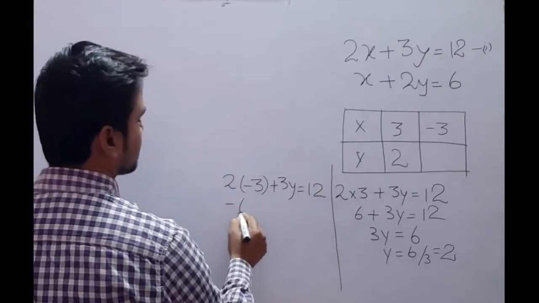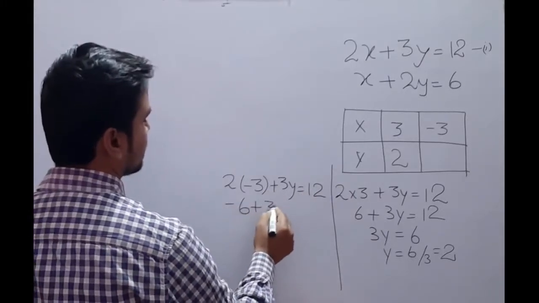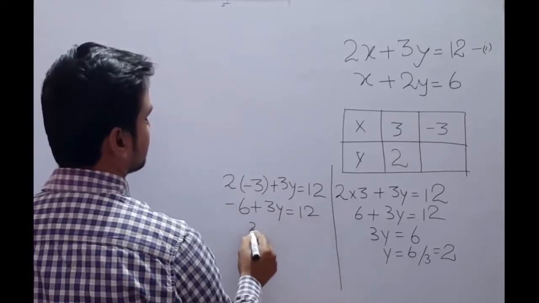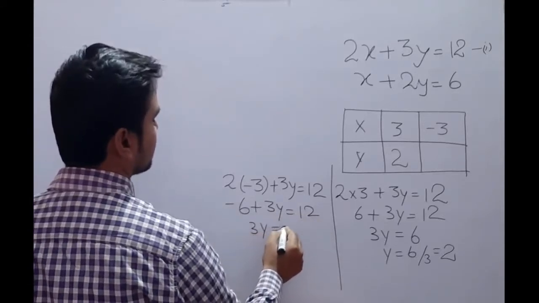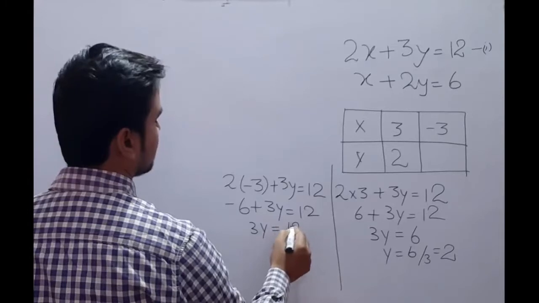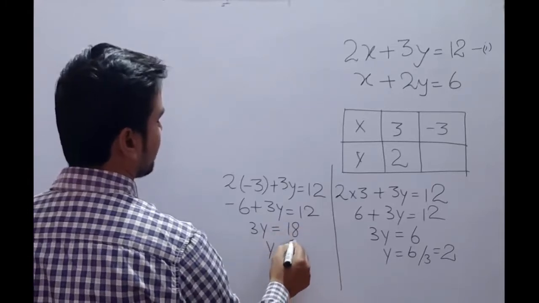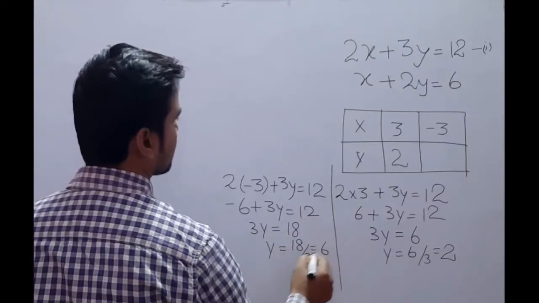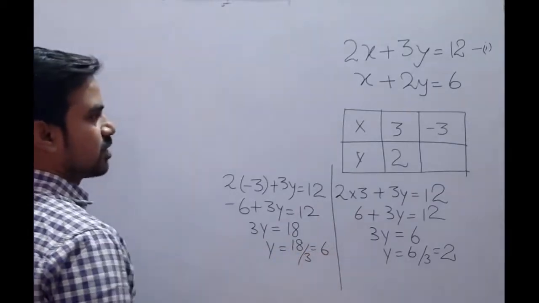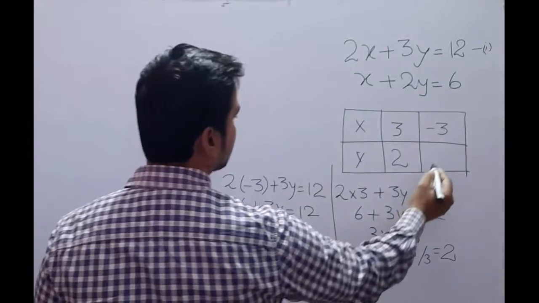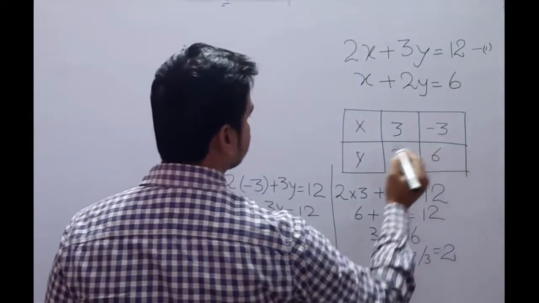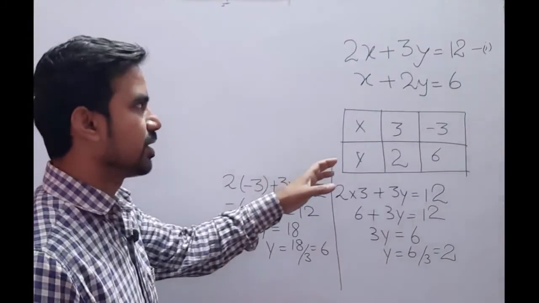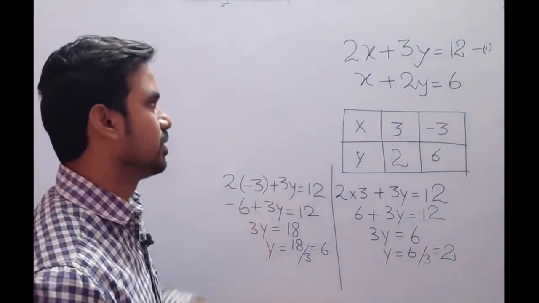So -6 plus 3y equals 12, and 3y equals 18, 12 plus 6 is 18, and y is equal to 18 by 3, so that is equal to 6. So when we take the value of x as -3, the value of y we get is 6. So this is the coordinate for equation number 1.